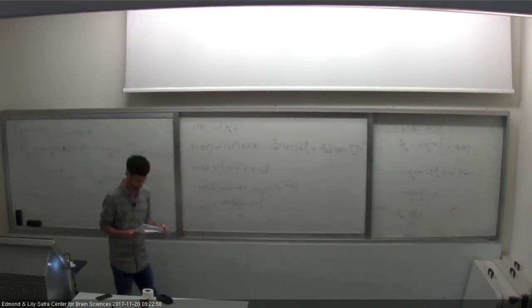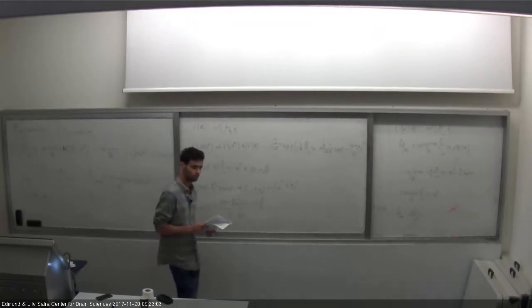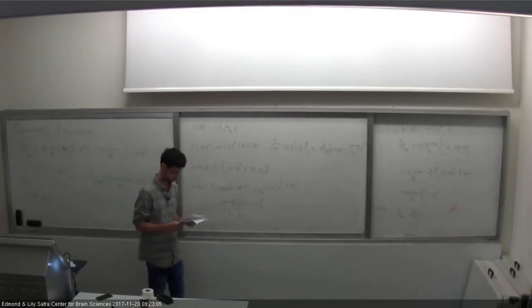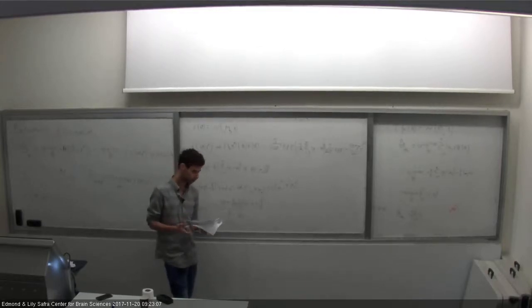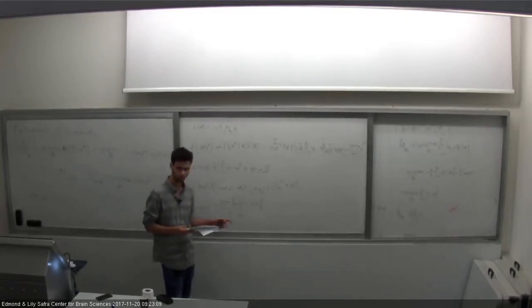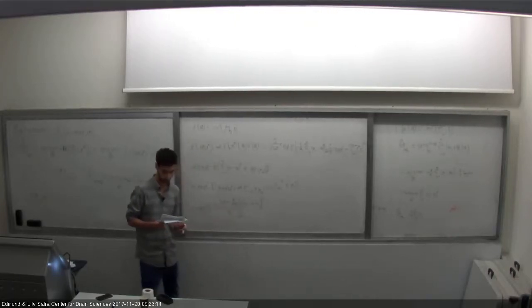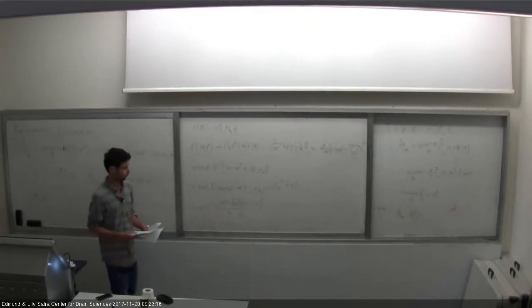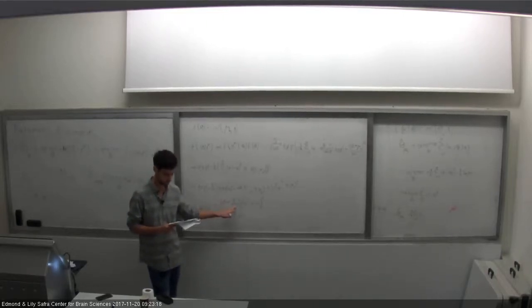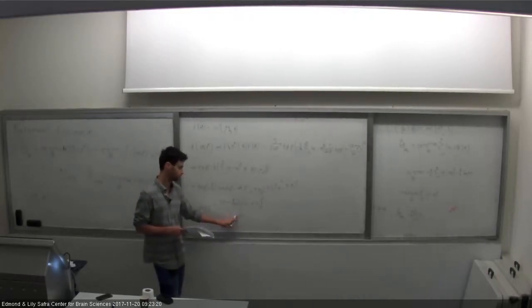It's a Gaussian distribution with this mean, and variance of 1 over n plus 1.